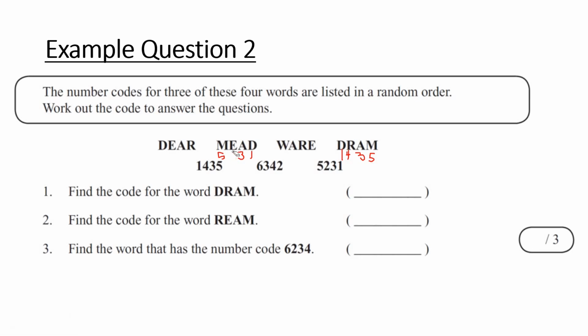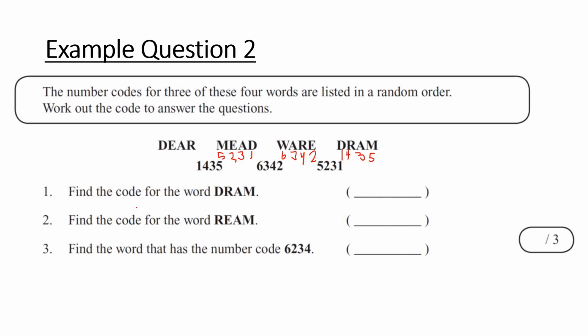That does not look like a 2 at all. So now we know that 6342 is where, so we can write that down there. 6342. So now we can move on to the questions.